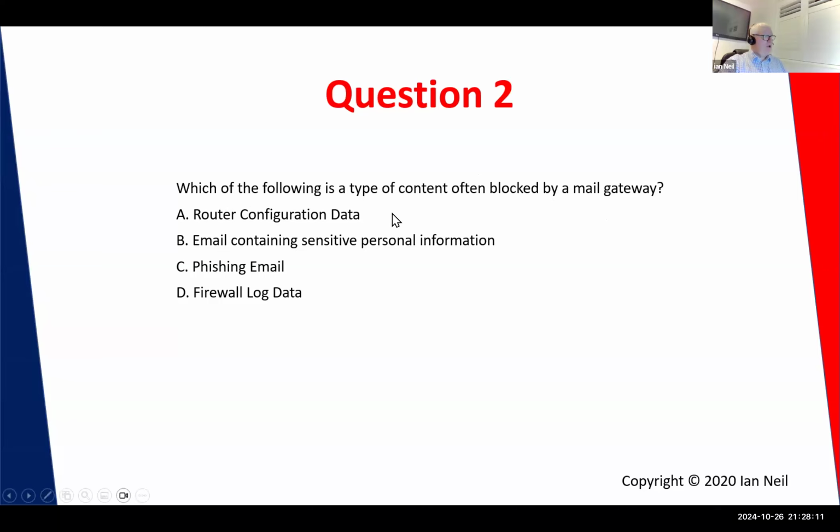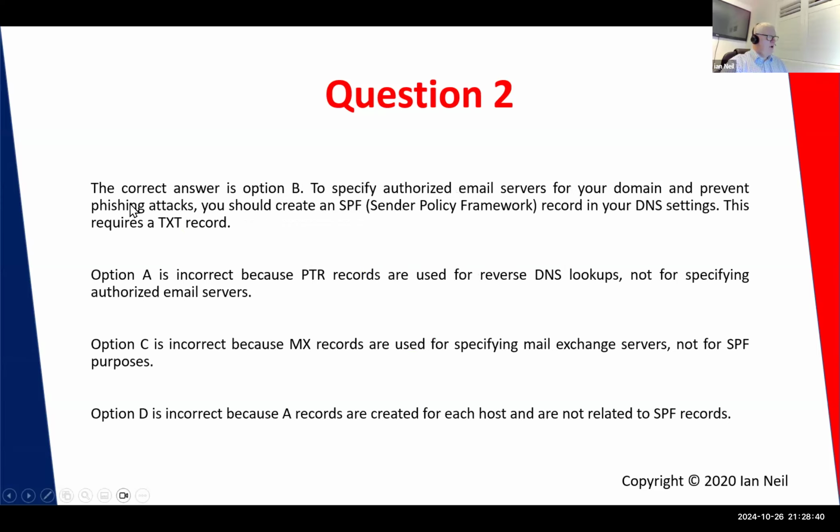You see it? Now, if it just says which of the following is blocked by a mail gateway, it would have B and C. But what you've got to watch is what type of content. B, email containing sensitive personal information. Do you see that? So with CompTIA, you've got to watch yourself. And I gave you that with the answer.